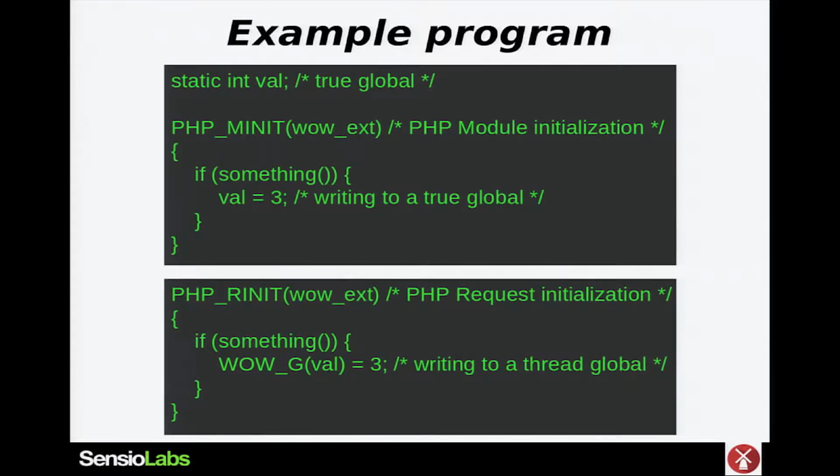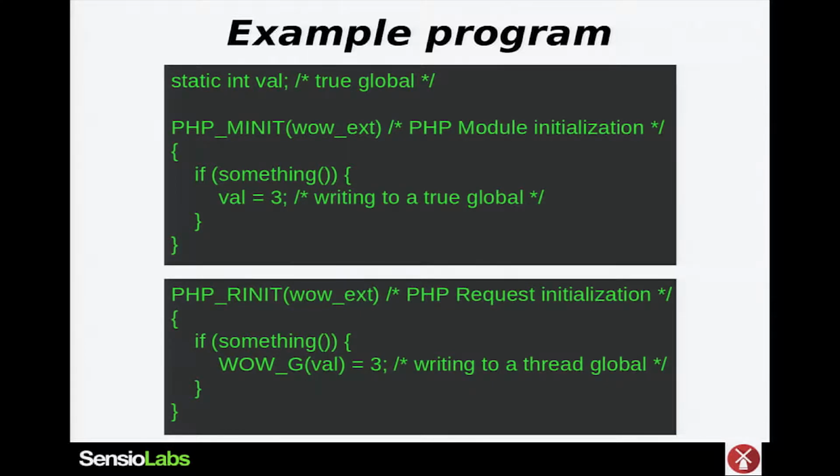Okay, so here is an example program. Yes, we can read. I was afraid about the green and the black, but it's okay. Here is a program which is an example of what could be a very, very tiny PHP extension or even PHP core source code. Like you can see in the top example, we use a true global variable in C, okay?